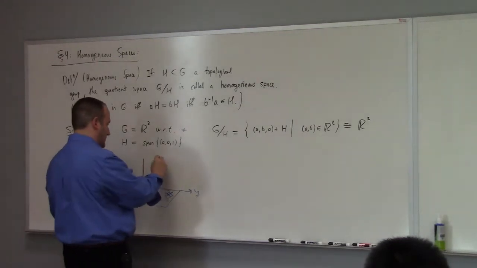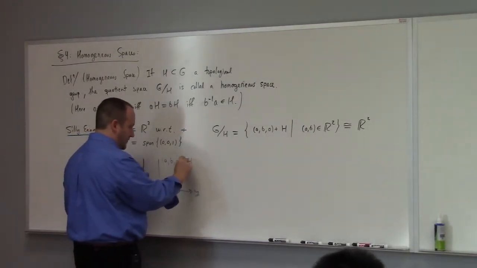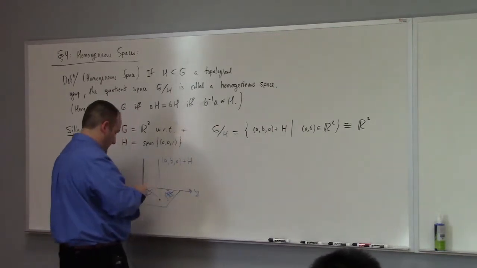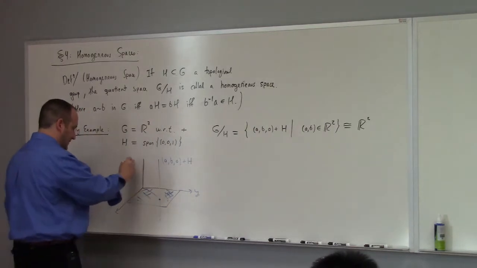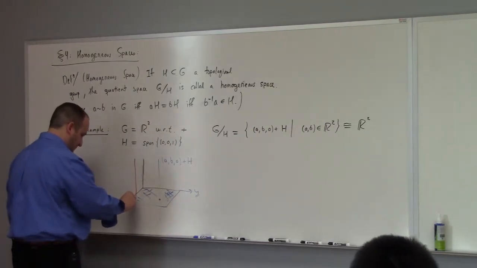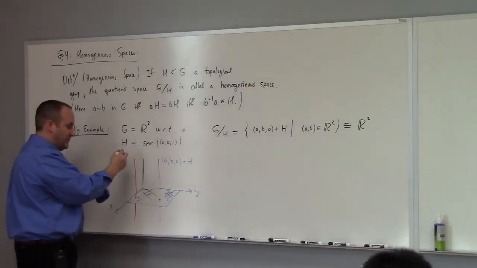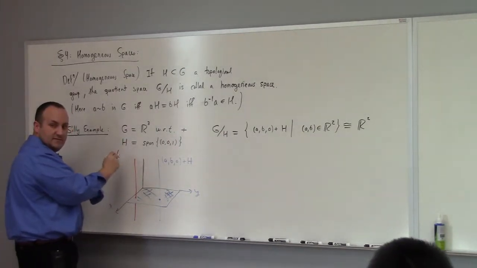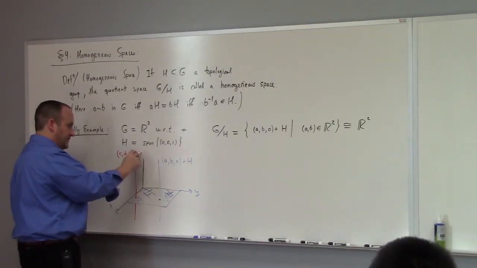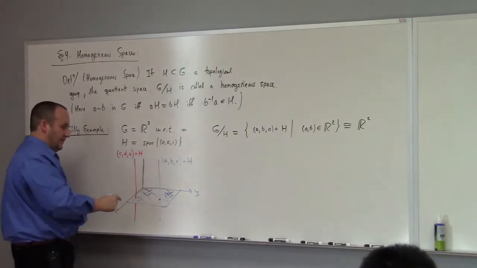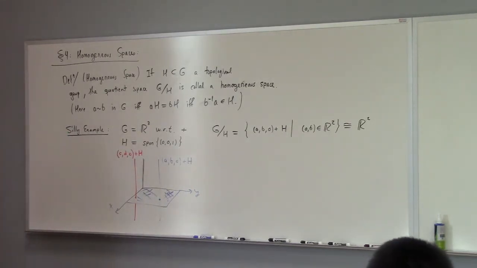Oh, okay. Yeah, hold that thought, just a second here. So if we want to move from this coset to a different one, say this one, we want to label this one (c, d, 0) plus H. However, you're going to tell me how to go from one to the other that makes it transitive?